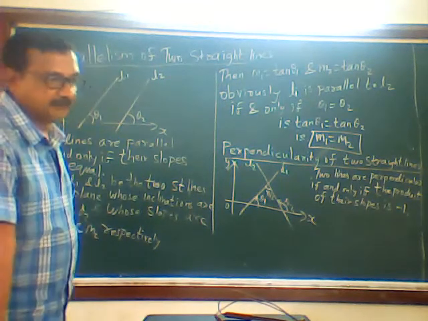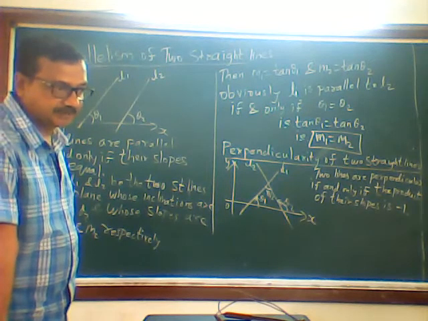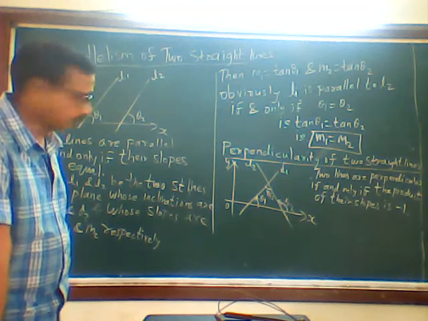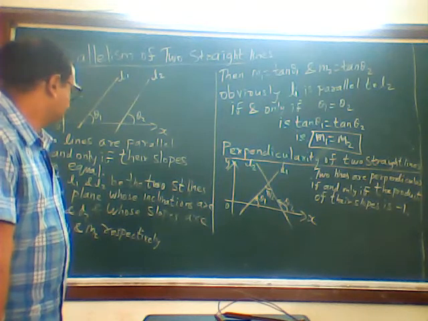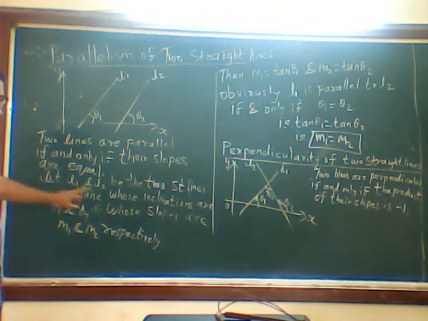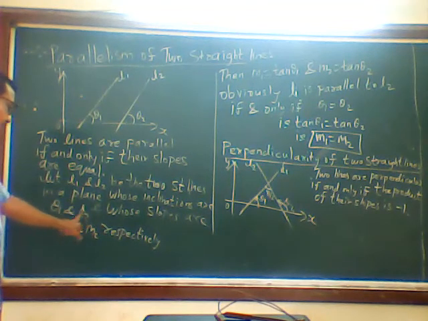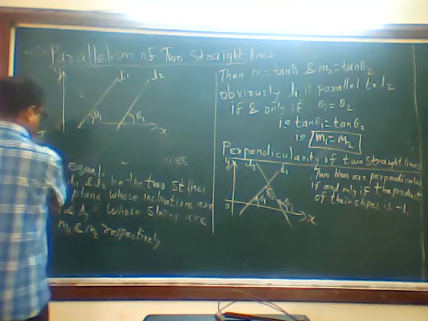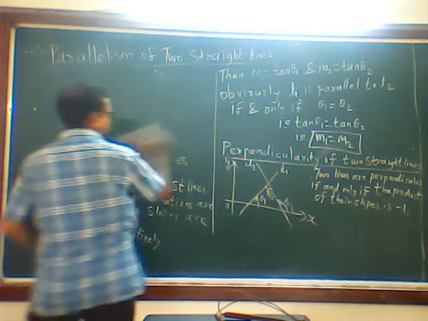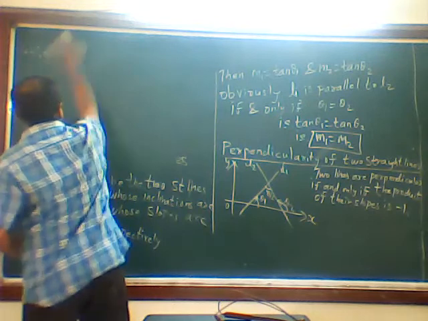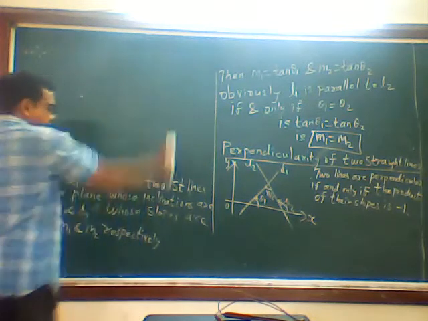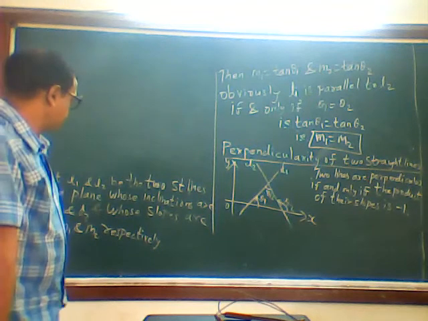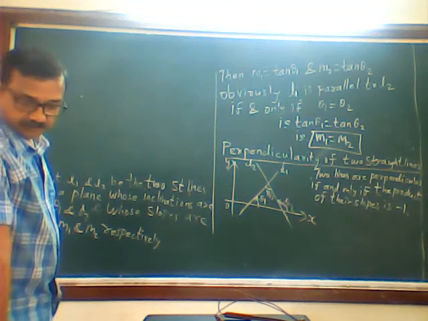So now again we will write: let L1 and L2 be the two straight lines in a plane whose inclinations are theta 1 and theta 2 and whose slopes are M1 and M2 respectively.